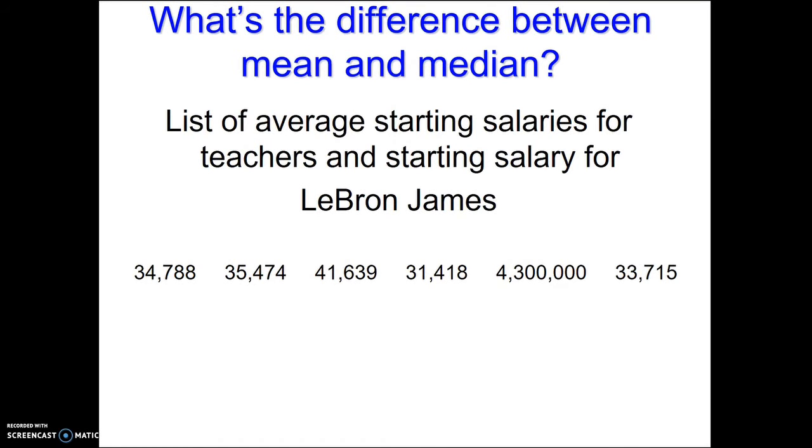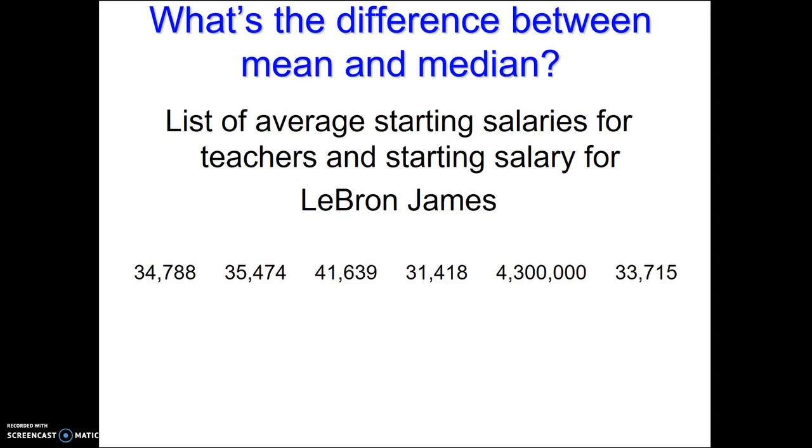Even though they might seem really similar, it's very important for us to make a distinction between mean and median, because depending on the use, you may have a very different outcome. So let's say that you are a school district and you're trying to get teachers to come to your district. What we can do is look at starting salaries, trying to get some of those young college kids ready to go.